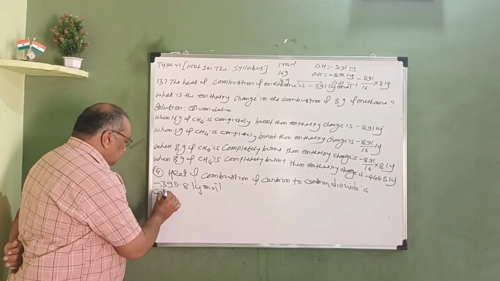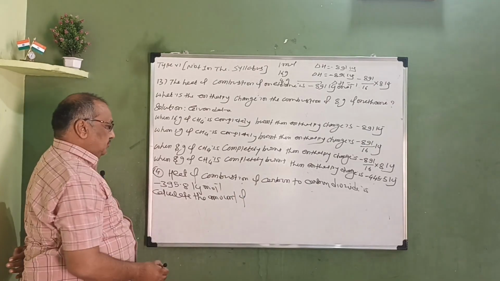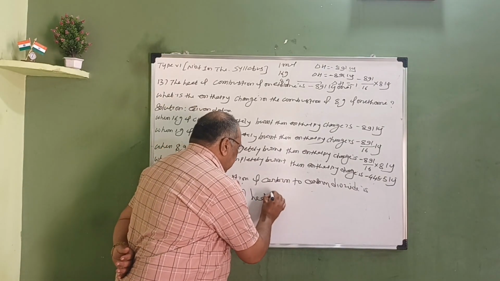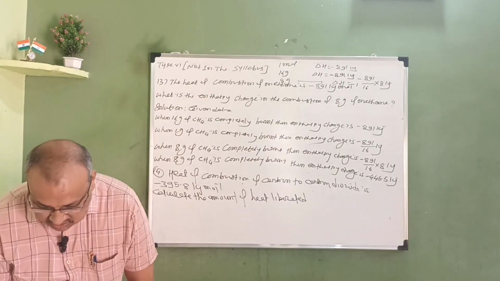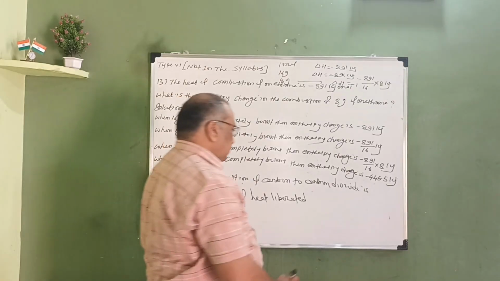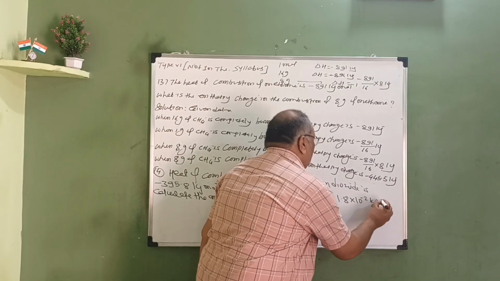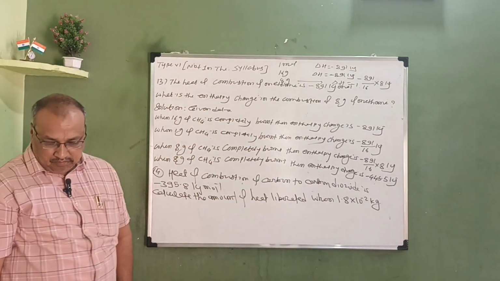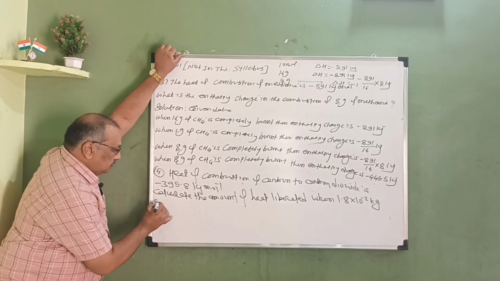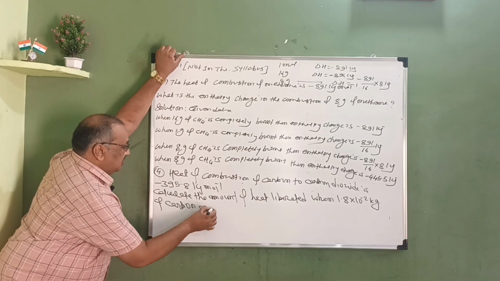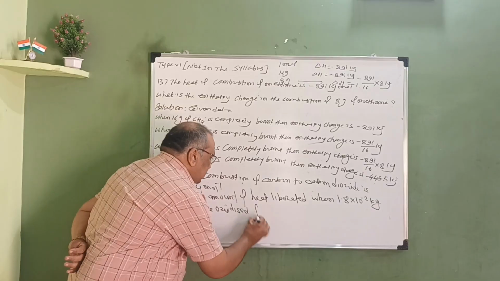Calculate the amount of heat liberated when 0.8 into 10 to the power minus 2 kilogram of carbon are oxidized fully.